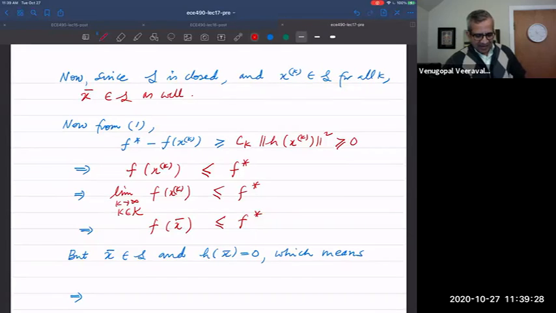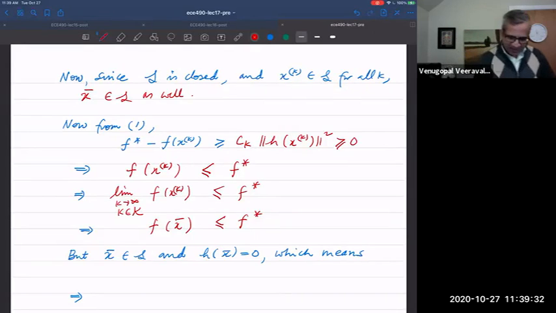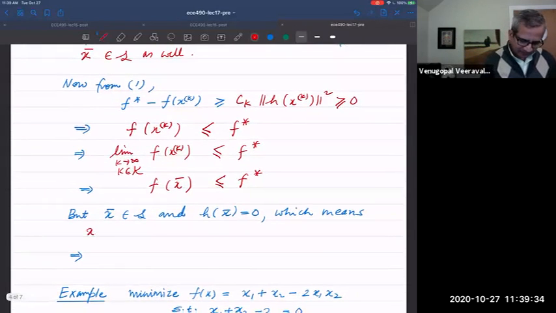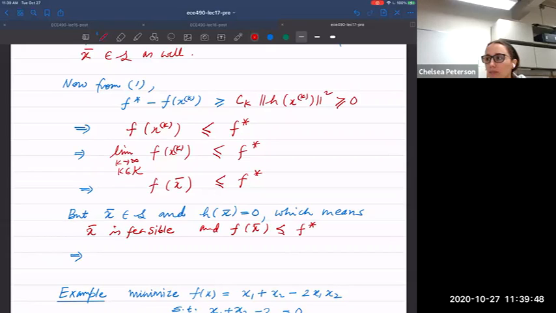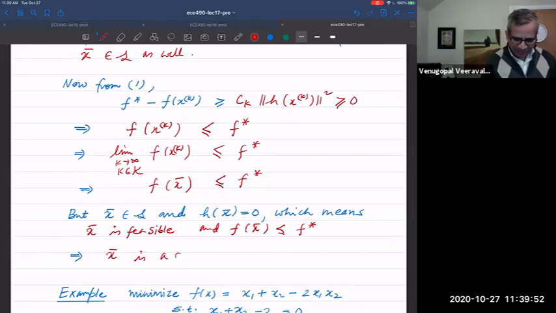All right, so x bar belongs to S, h of x bar is 0, which means that x bar is feasible, and it has a value no larger than the minimum. So what does that say about x bar? It is a minimum. So x bar is a global minimum.